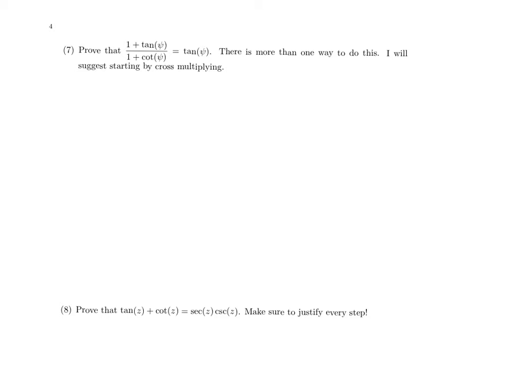Let's prove 1 plus tangent psi divided by 1 plus cotangent psi is equal to the tangent of psi. There are two good ways to do this. Well, you could use either strategy. There's one side that obviously looks more complicated. You could simplify that down to the right-hand side. On the other hand, you could simplify the whole equation all at once. So I'll use both strategies.